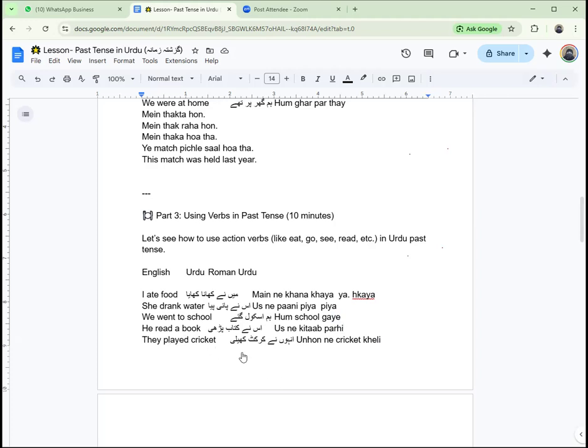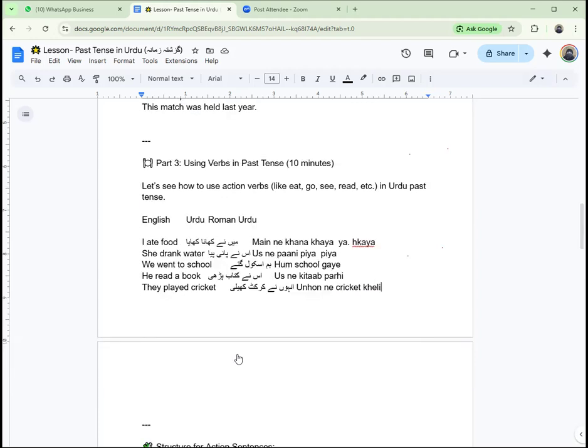He read a book. They played cricket. उन्होंने क्रिकेट खेली. So these action words are behaving differently, and we can call them rule breakers, that they end on ya: khaya, piya, padhi, and kheli.